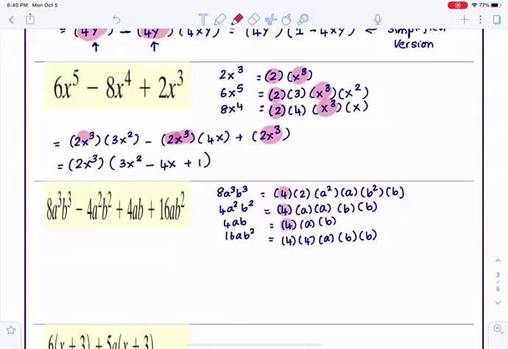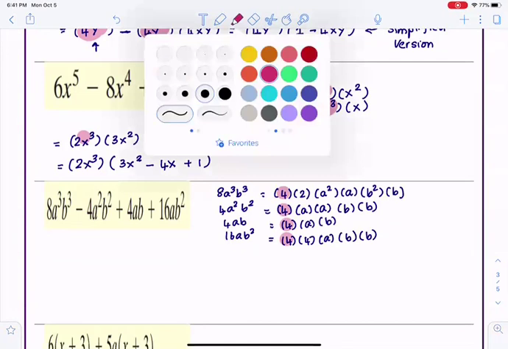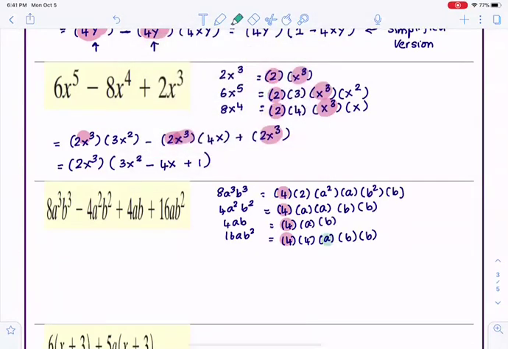So 4 is in common. a is in common for the variable a. And b is in common for the variable b. So the greatest common factor is 4ab.